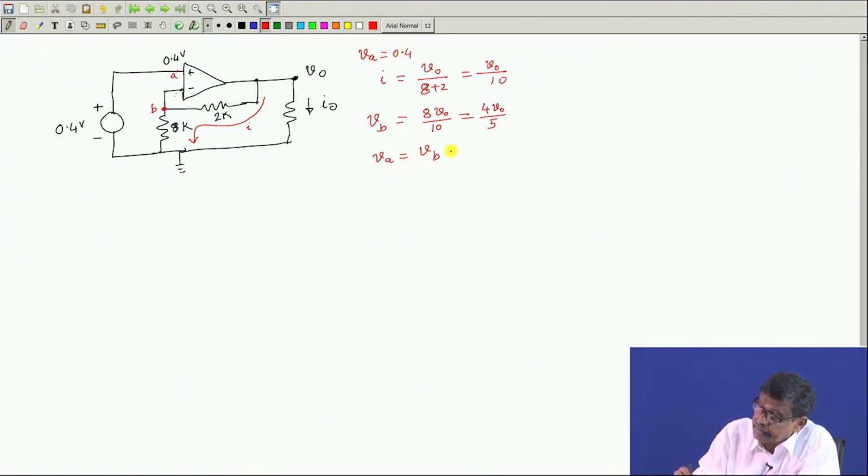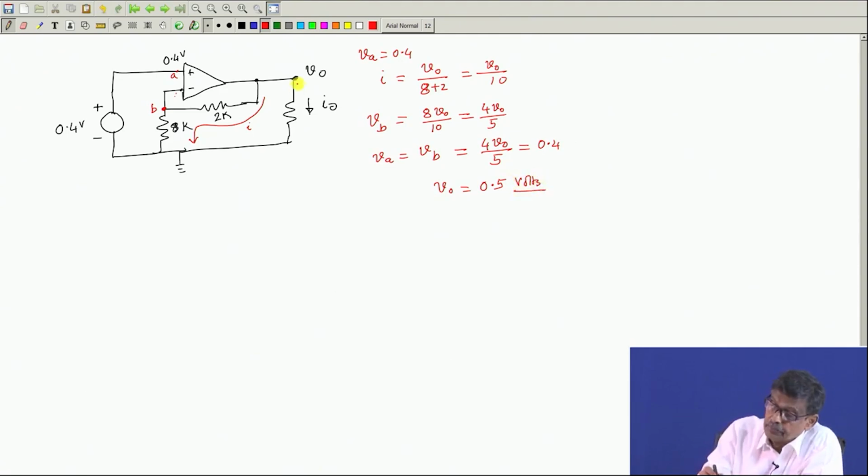So, VB, which is equal to 4 V naught by 5, is equal to 0.4 volt. So, V naught will be equal to 0.5 volt. At the output you will get 0.5 volt.